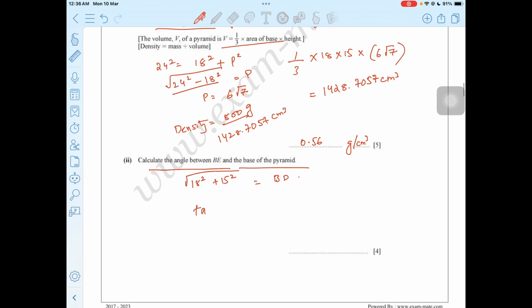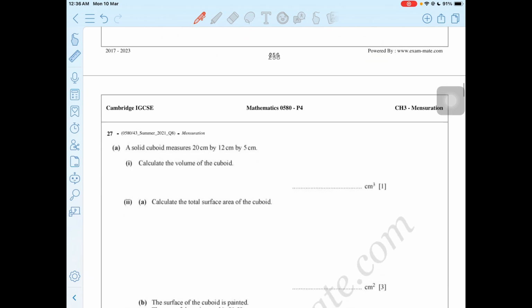So tan theta is equal to the square root of 24 squared minus 18 squared over the square root of 18 squared plus 15 squared, right? And then we take a tan inverse over here. So this would be tan inverse, right? Yeah, I have written it over here just to clarify this. Okay, so this would be 34.1.